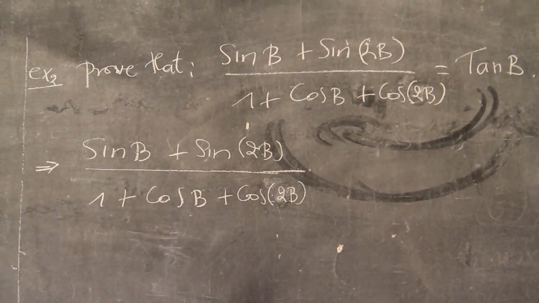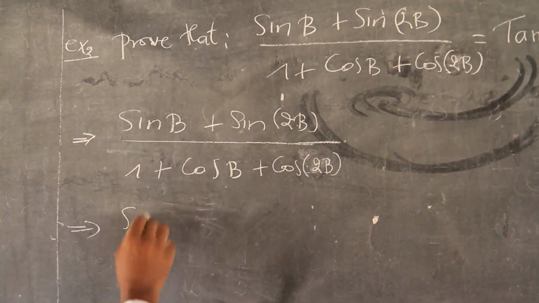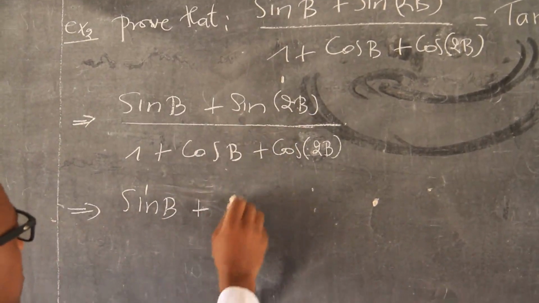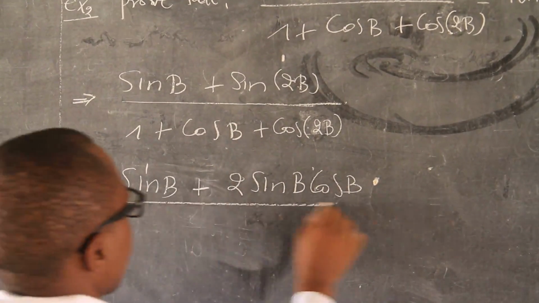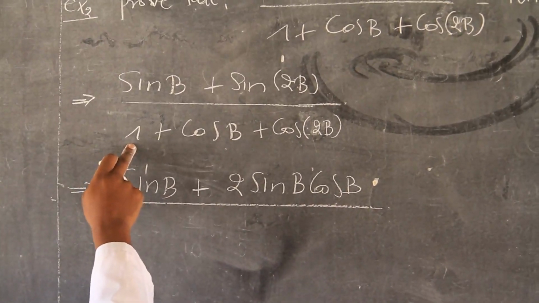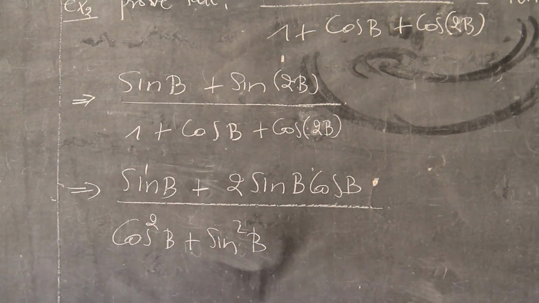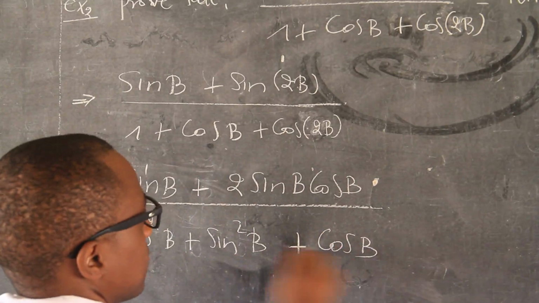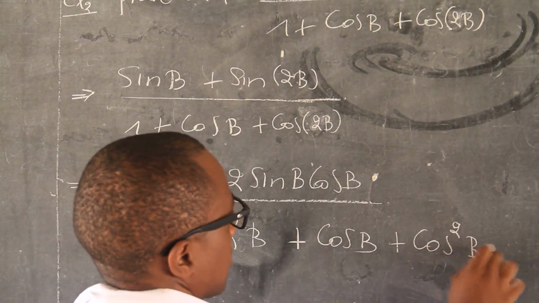Now, this sine B I cannot replace, but here I can change using the double angle formula, 2 sine cos. This 1 I can replace by cos square plus sine square according to Pythagoras, and cos 2B is cos square minus sine square.